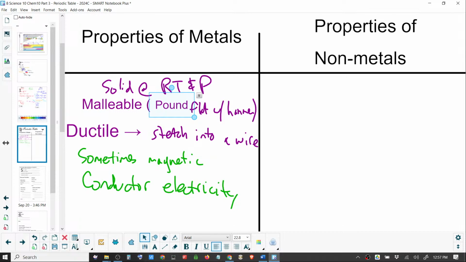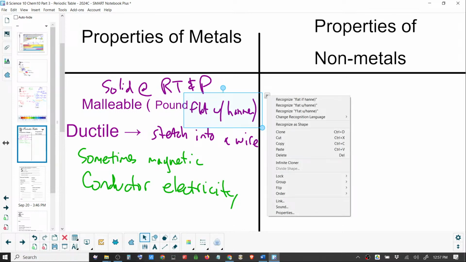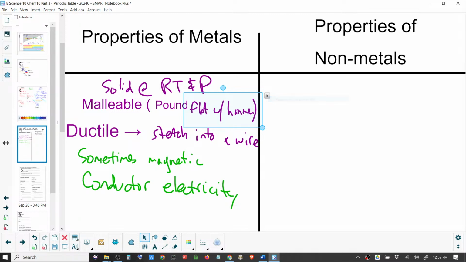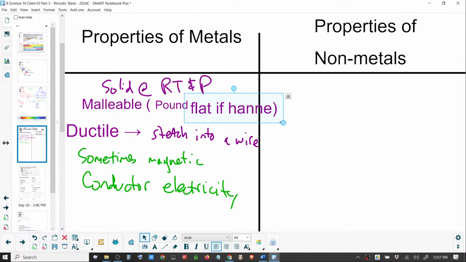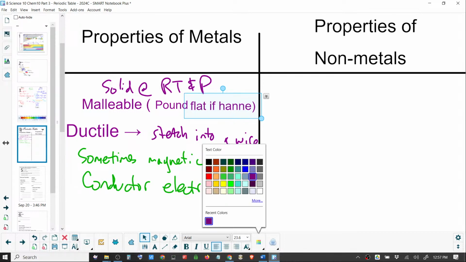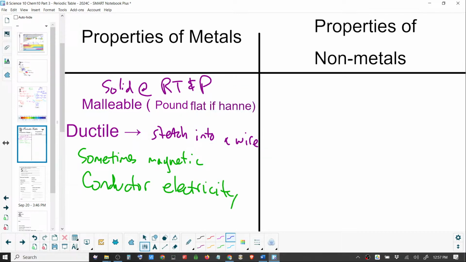Wow. The new program is even better. It doesn't know the word, so that says hammer. Pound flat and hammer. Yep. Conducts heat. Pardon? Conducts heat. Excellent. So, we can conduct, there we go.